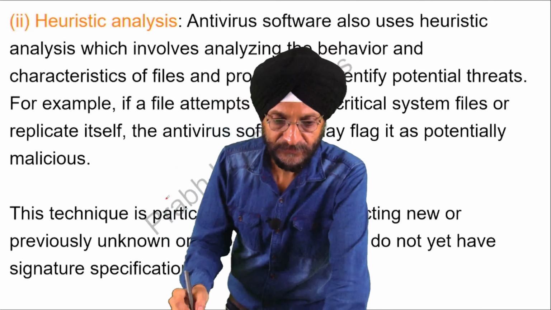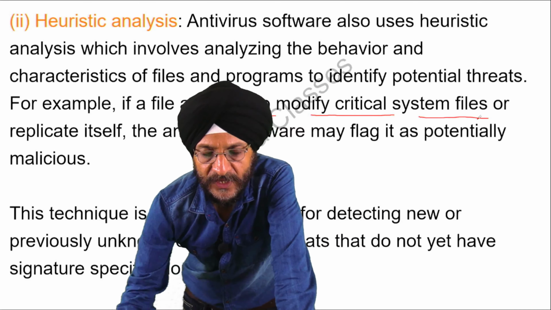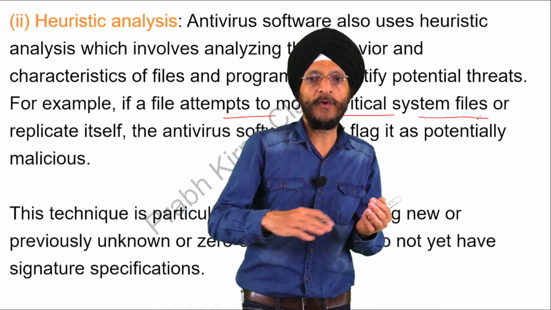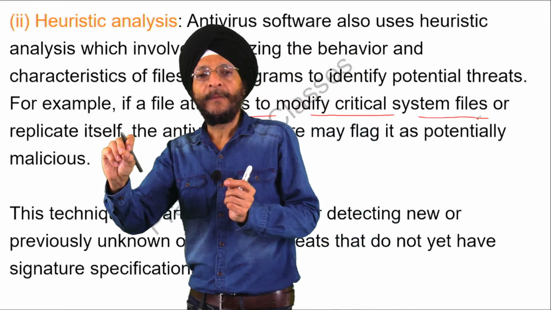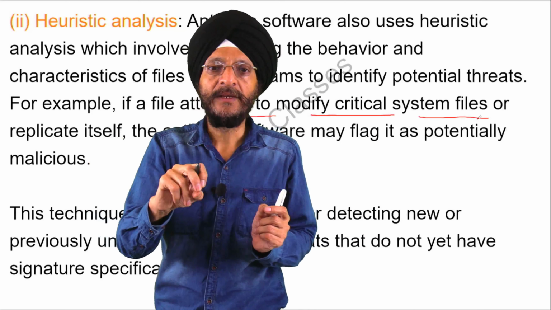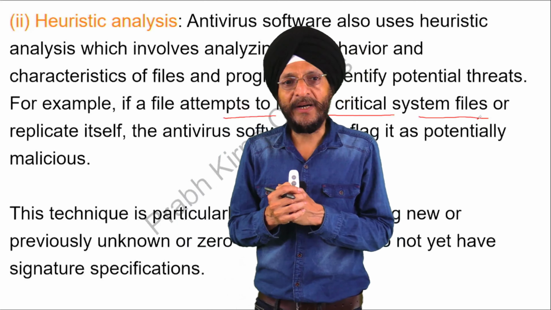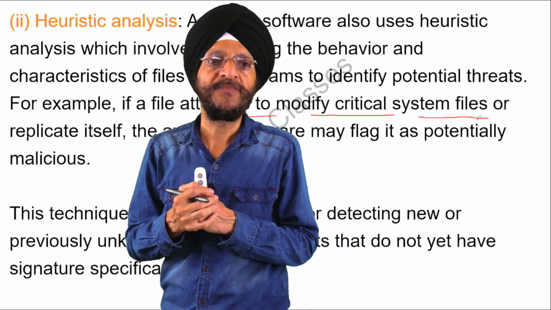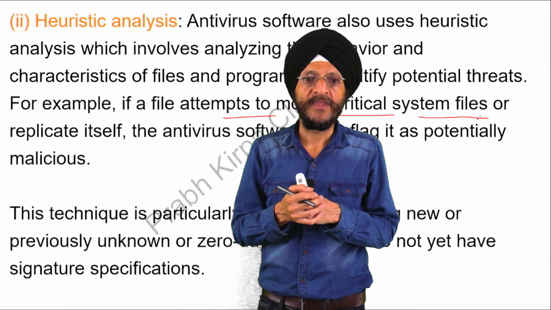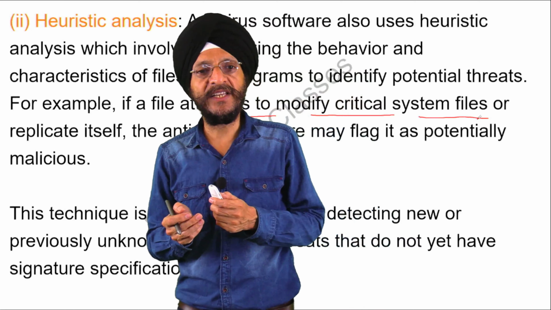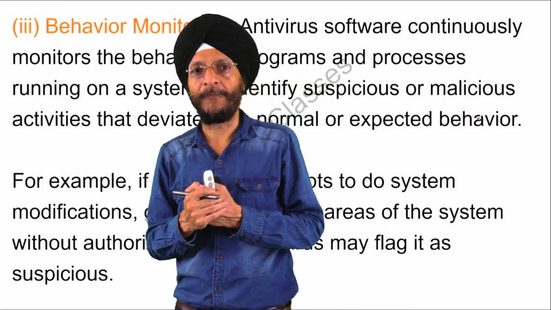For example, if a file attempts to modify critical system files or make duplicate copies of itself, the antivirus software may flag it as potentially malicious. This technique of heuristic analysis is particularly useful for detecting new or previously unknown or zero-day threats that do not have signature specifications.